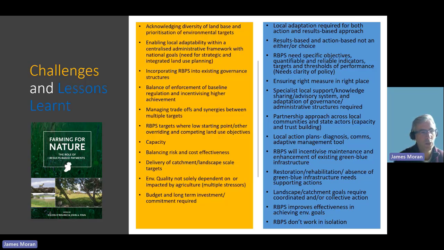Landscape or catchment goals require coordinated or collective action, coordinated by a central team which guides the application of the measures with the farmers on the ground, or collective action where farmers share or develop actions together or share in the bonus of delivery of that action through bonus payments, for example.